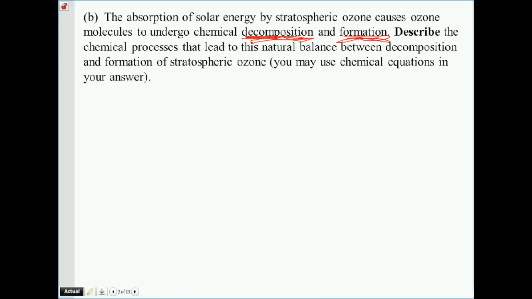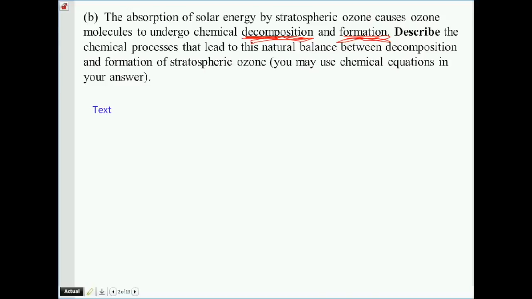I think this part is kind of hard, because for example, if I was going to do the equation, we have ozone plus UV light equals O2, which is normal oxygen, plus an O radical.